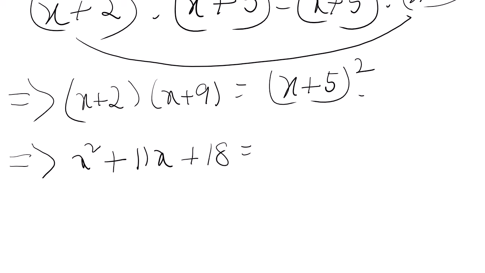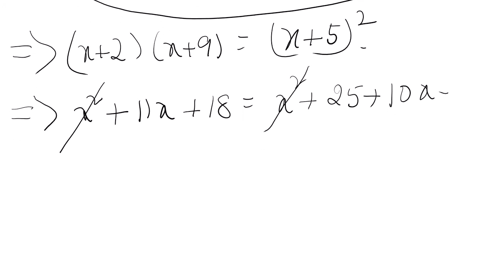We will apply (a plus b) whole square. So according to that, x square plus 5 square, that is 25, plus 2ab becomes 10x. 2 into x into 5, so it will be 10x, right? So x square on both sides get cancelled.